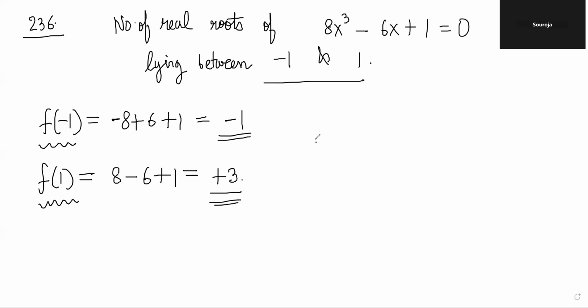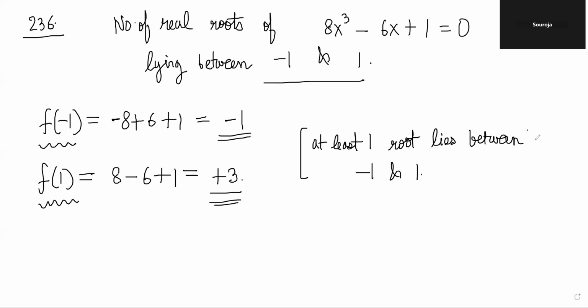So at least one root lies between -1 and 1, because the graph of the function is negative at -1 and then positive at 1, right? So at least one root definitely lies between -1 and 1, right?